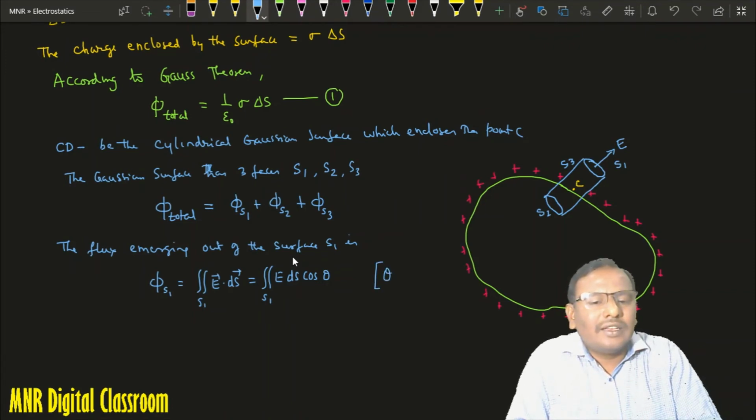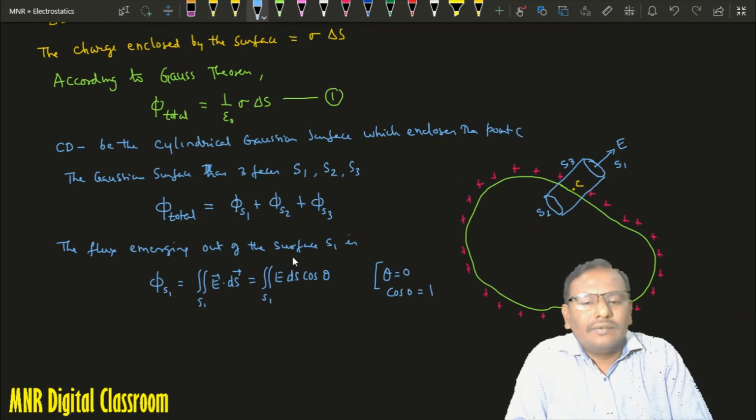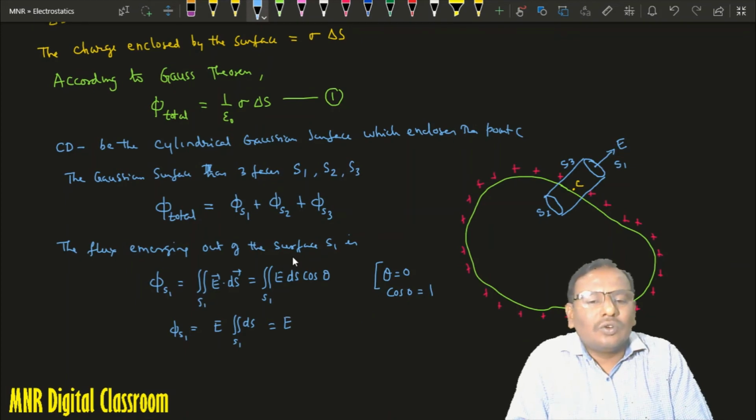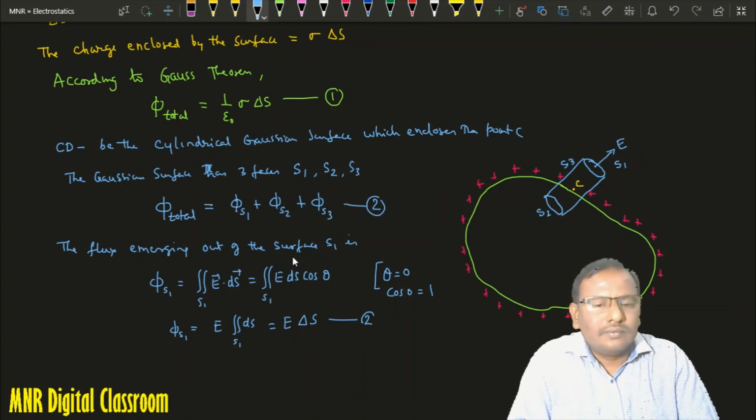So the angle theta is equal to 0, or cos 0 is equal to 1. Therefore, phi of S1, the flux from the surface S1, is equal to E, taken outside, times the surface integral of ds. This is equal to E into the surface area delta S. Call this equation 2.